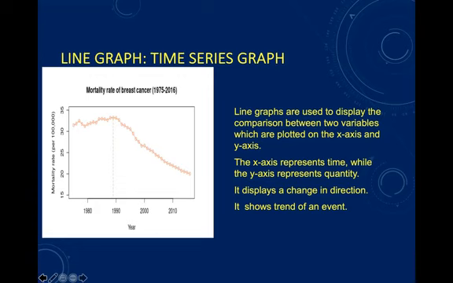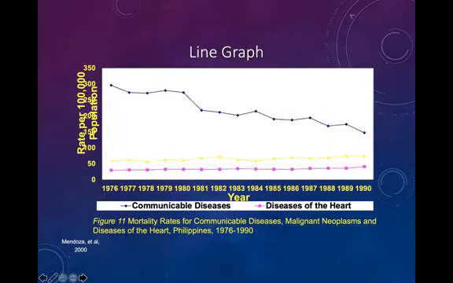It also shows trend of an event. You can compare multiple variables in just one line graph. Here, the variables compared are mortality rates for communicable diseases, malignant neoplasms, and diseases of the heart from 1976 to 1990.